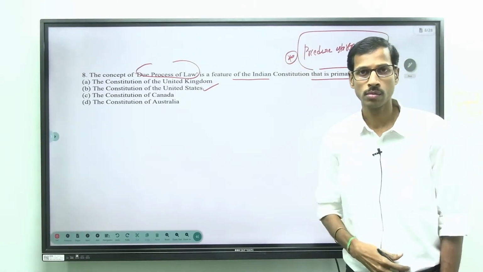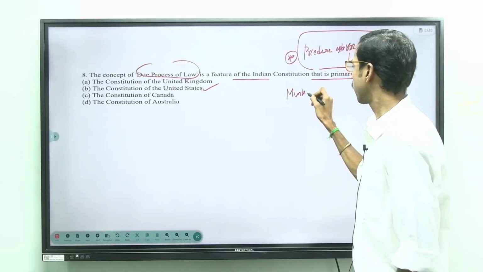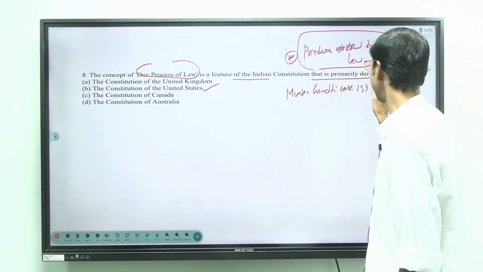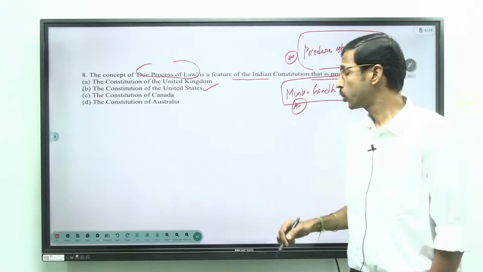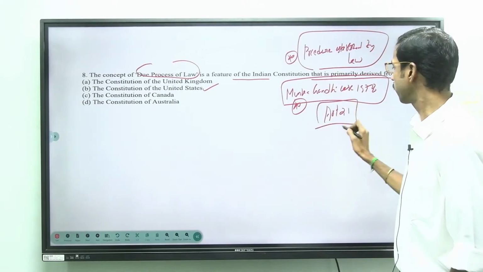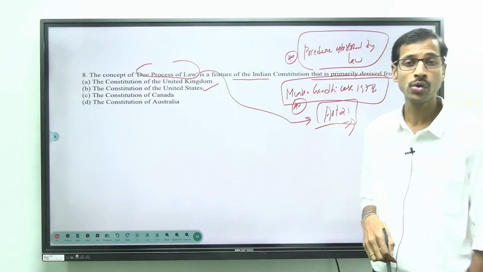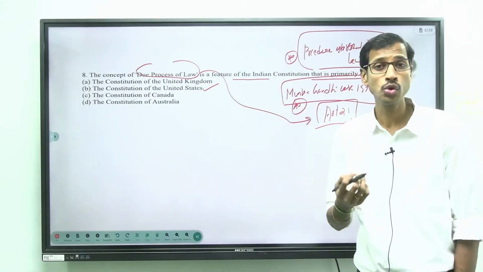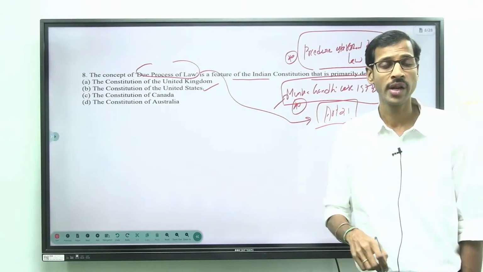That is our important convention rule, right? After the Maneka Gandhi case in 1978, we included the due process of law, recreating Article 21, right? According to Article 21, we included due process of law by this inclusion in the Maneka Gandhi case 1978.